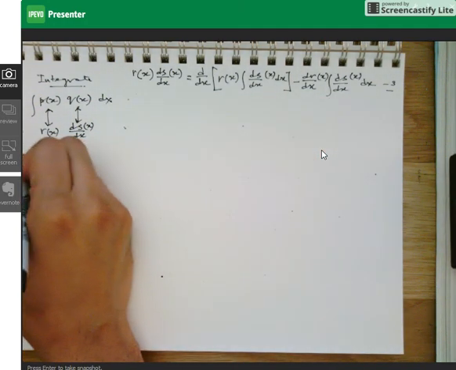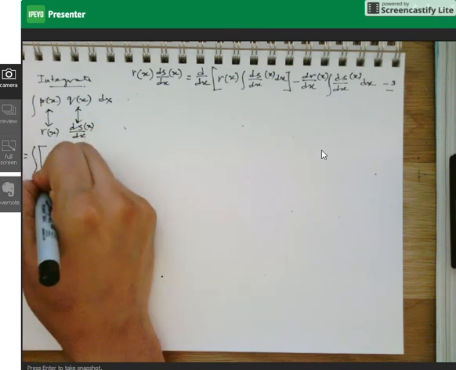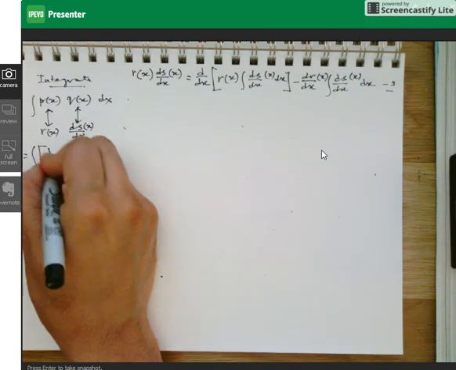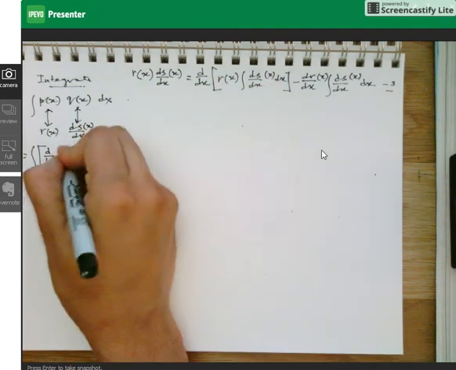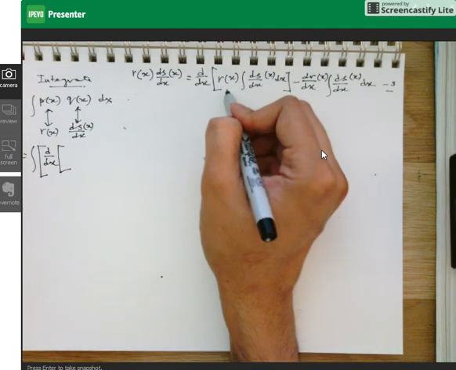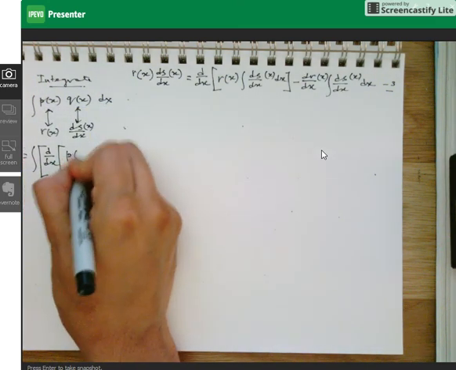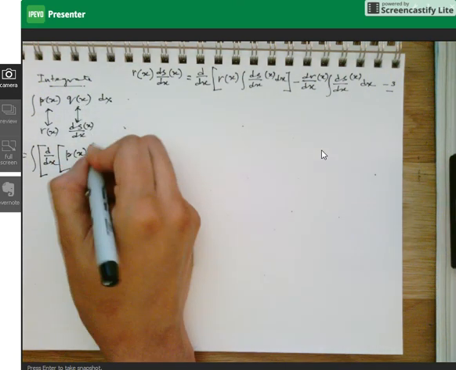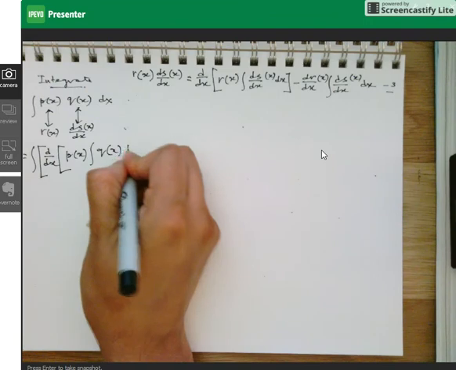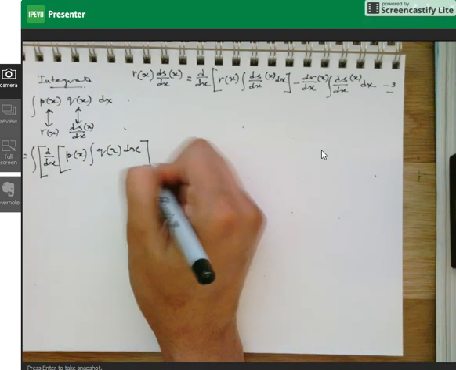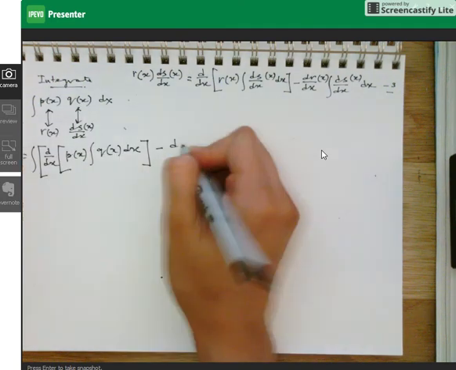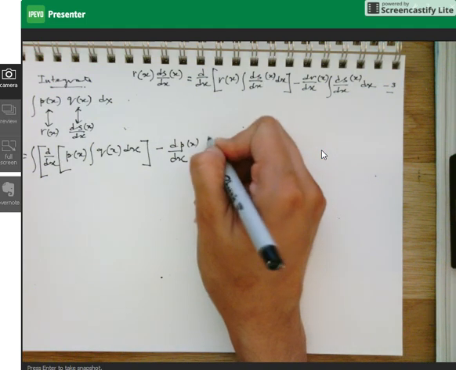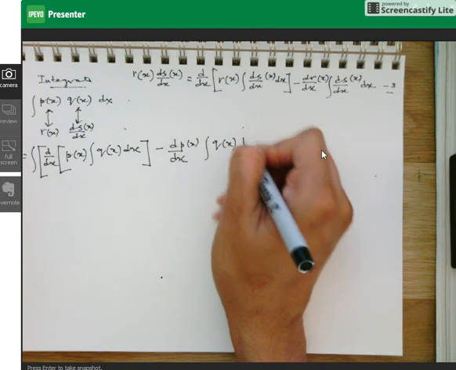Okay, so then this will become equal to the integration of the whole thing. r is analogous to p, so this remains d/dx of p times the integration of ds/dx, and ds/dx is analogous to q, so the integral of q of x dx, minus, then again dr is analogous to p, so dp of x/dx times the integration of q of x dx.